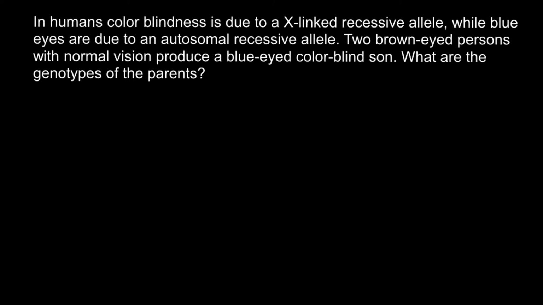So a female can be homozygous normal, where both X chromosomes are normal. Another genotype would be one normal X chromosome and another chromosome with the defective allele. This is going to be the heterozygous genotype, and the last genotype is a female with two defective X chromosomes.